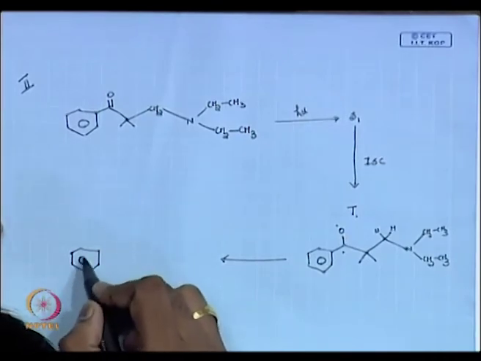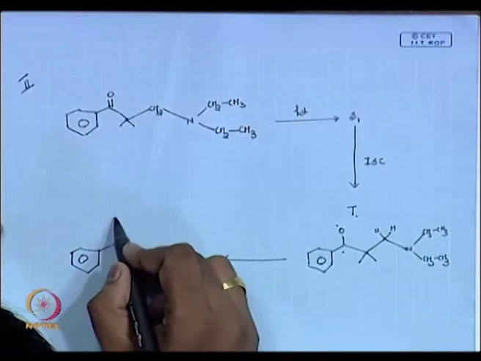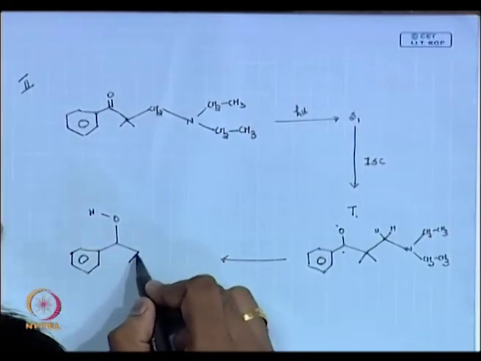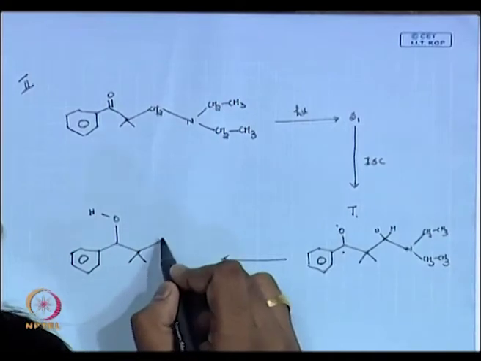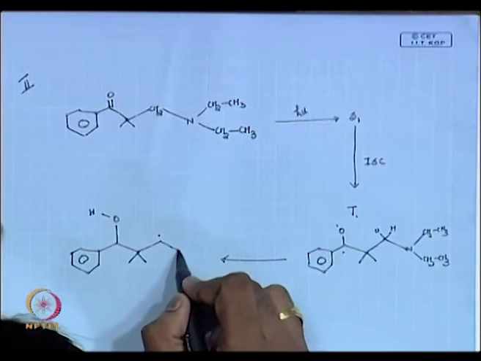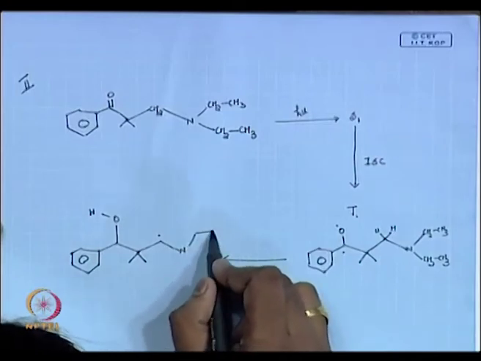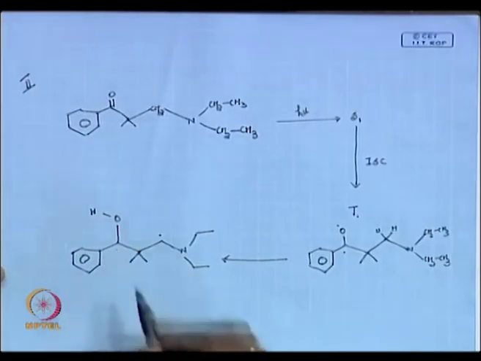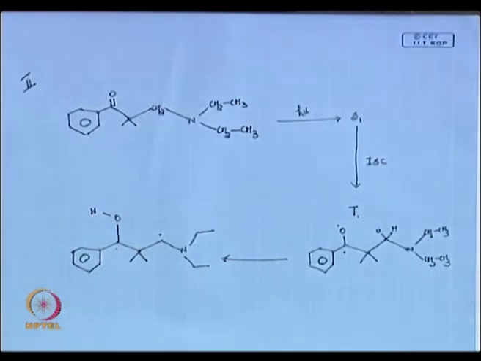So, if I abstract a hydrogen, I get a system like this, right. This is my photolysis.